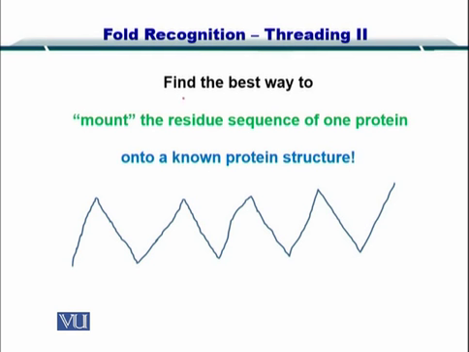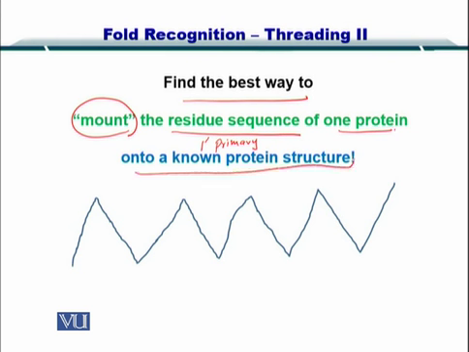The best way to find that is to mount the residue sequence, that is the primary sequence of a protein, onto a known protein structure. This known protein structure is coming from a structure database or fold database.